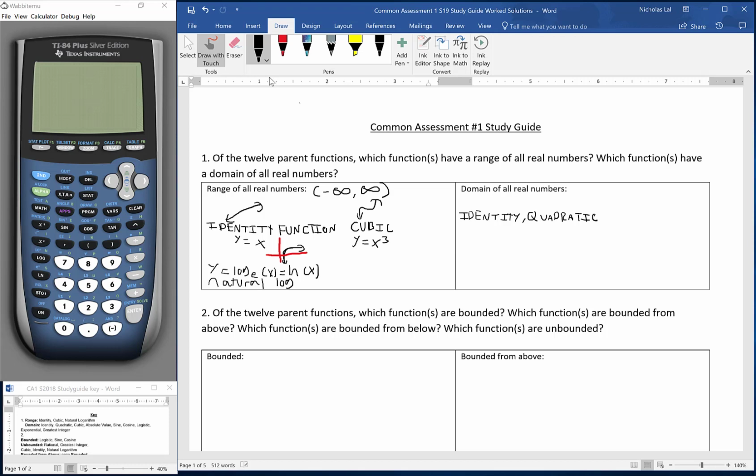In addition, there is the cubic function, the absolute value function, and the sine, cosine, and logistic functions.